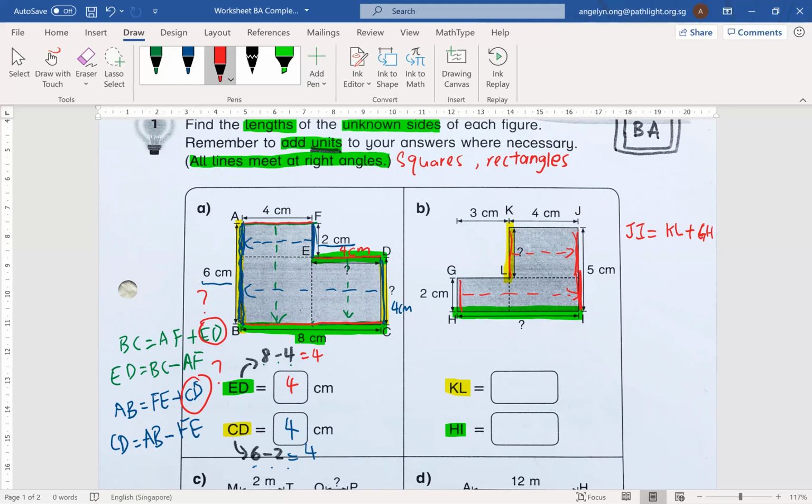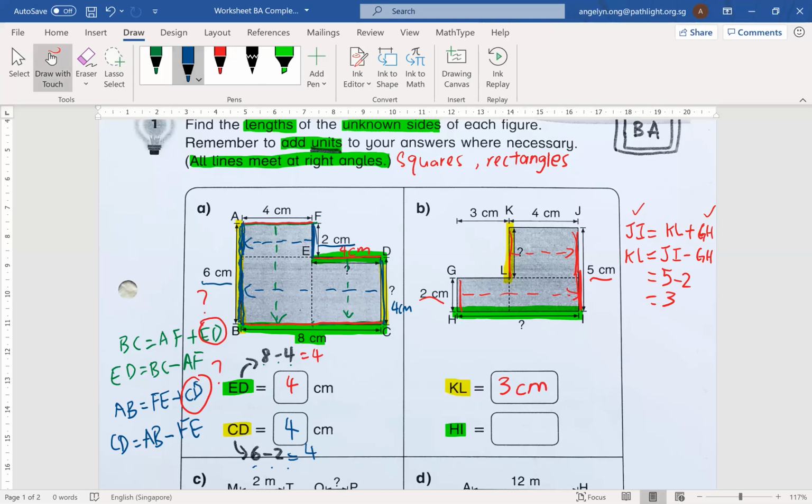I know the length of JI and I know the length of GH, so I can find KL. KL equals JI minus GH, which is equal to 5 here minus 2. And that will give me 3. So KL equals 3 cm.